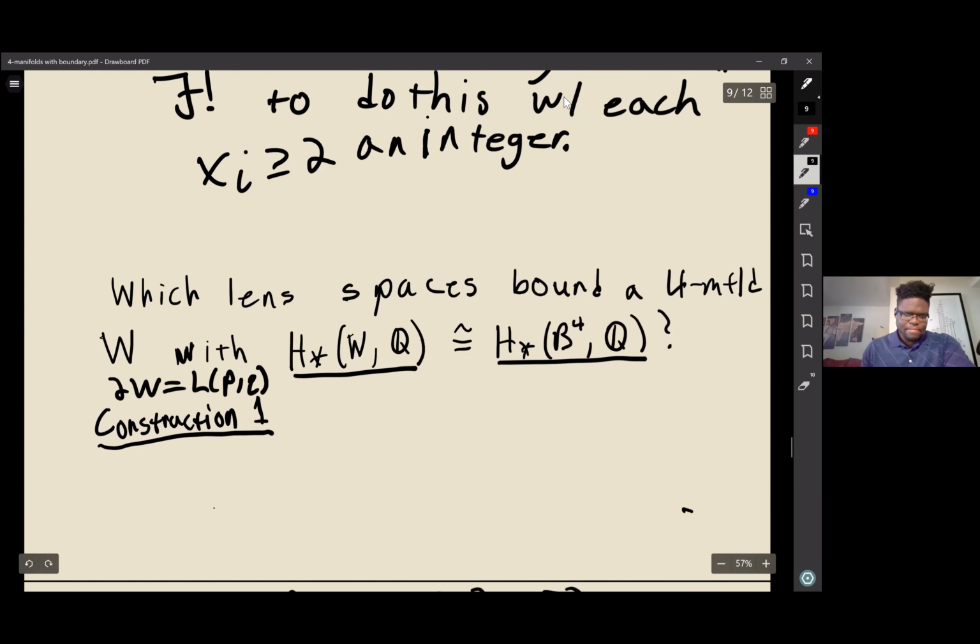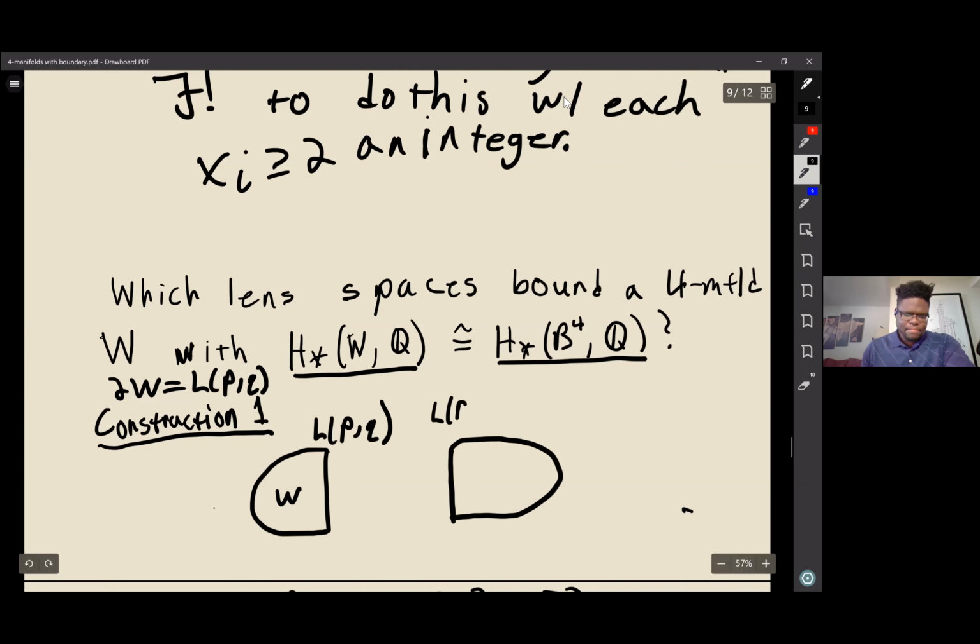And so if I have this rational homology four-ball W, and its boundary is L(p,q), I know that I also have this canonical negative definite four-manifold.